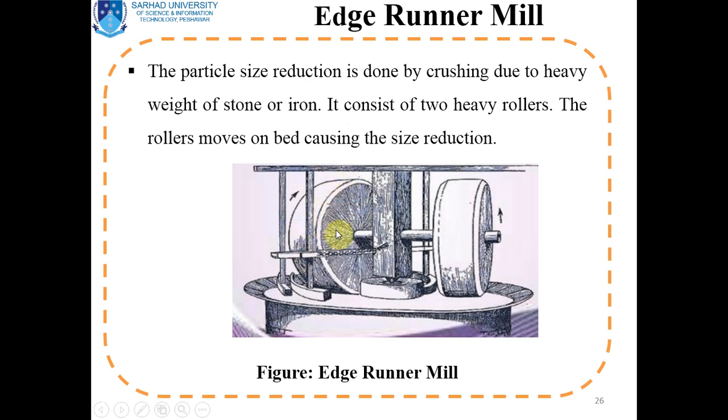Because of their heavy weight, particle size is reduced by crushing. The roller moves on a bed of material, causing the reduction of particle size of the material over which the rollers move.